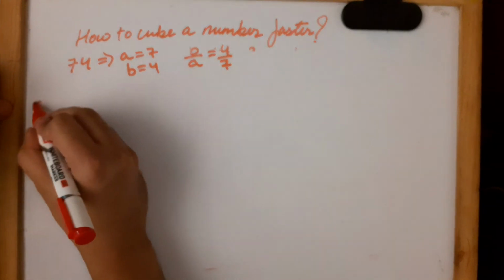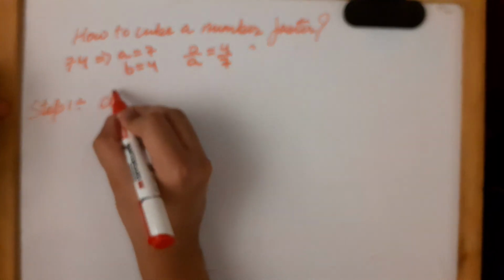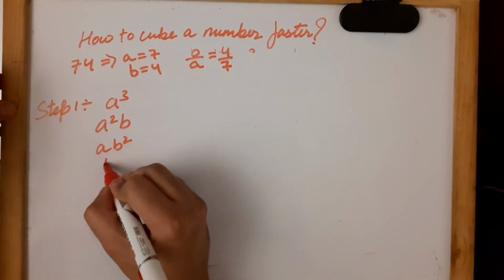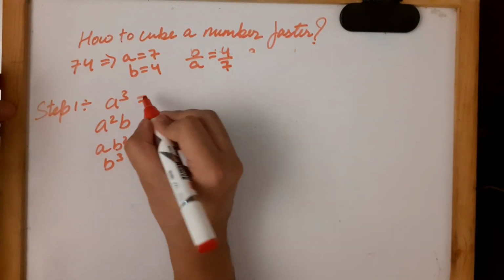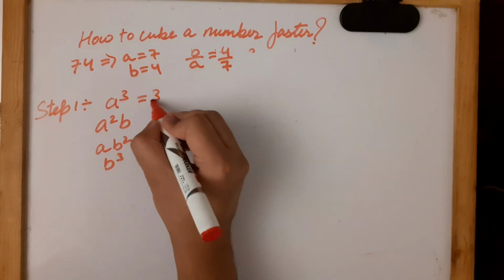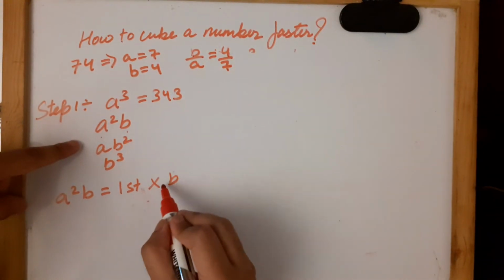Okay, we have step 1. It's a cube, a square b, a b square, and b cube. Our a cube is 7 cube, which is 343. Now you may have difficulty finding a square b, so what you will do is take the first term multiplied by b by a.